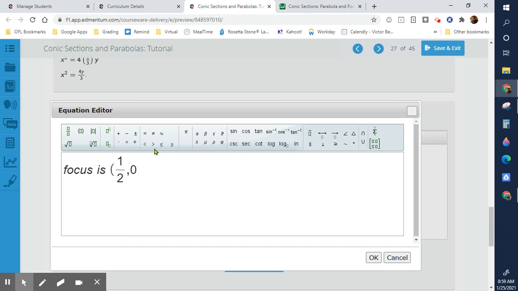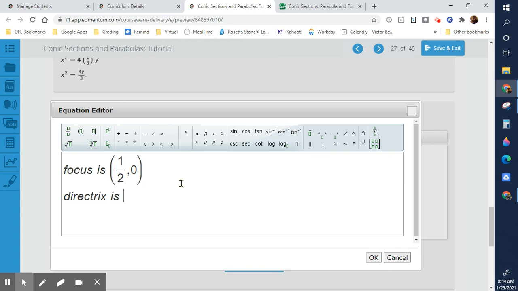All right, and our directrix. If it bugs you, like it does kind of bug me sometimes, that the parentheses aren't getting bigger with fractions, use the other parentheses, and they actually enlarge when you're using a fraction. And then the directrix is a line.